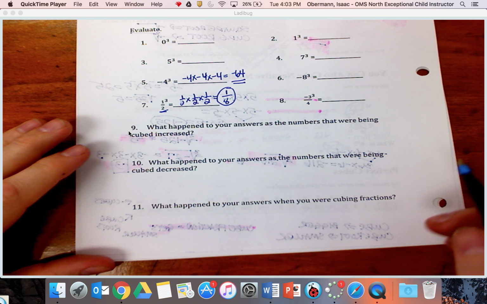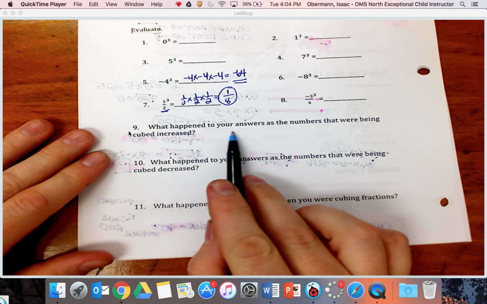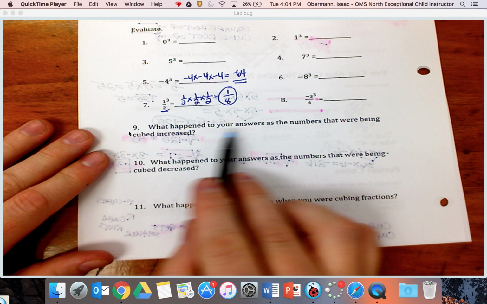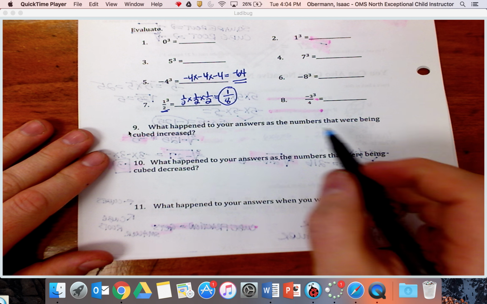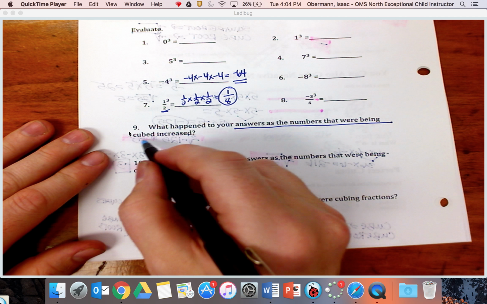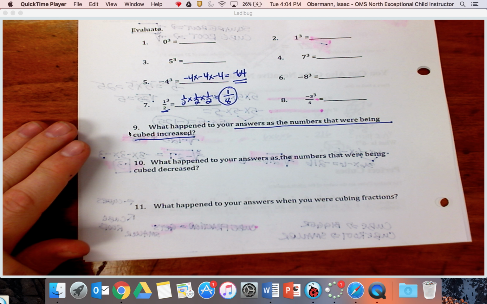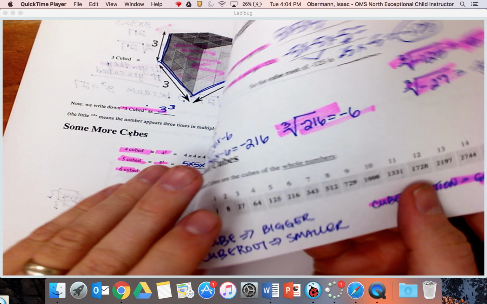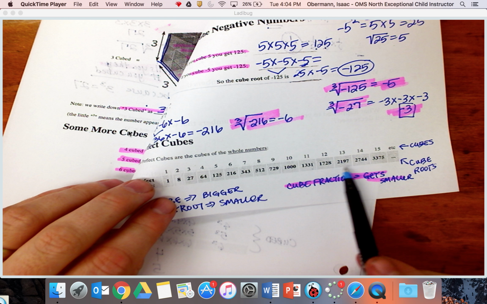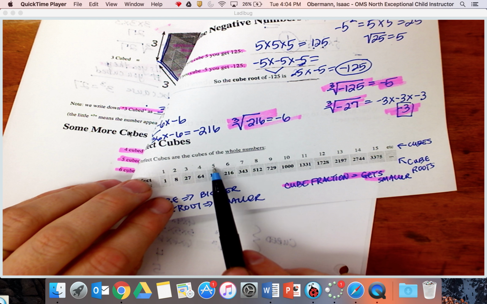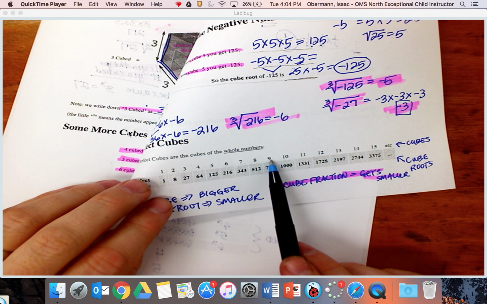Okay? Then you have these questions here to answer. What happens to your answer as the numbers being cubed increase? So what happens to our answer when we cube a number and they get bigger? You can use this here. What happens to our answer when we start getting these numbers to become bigger?